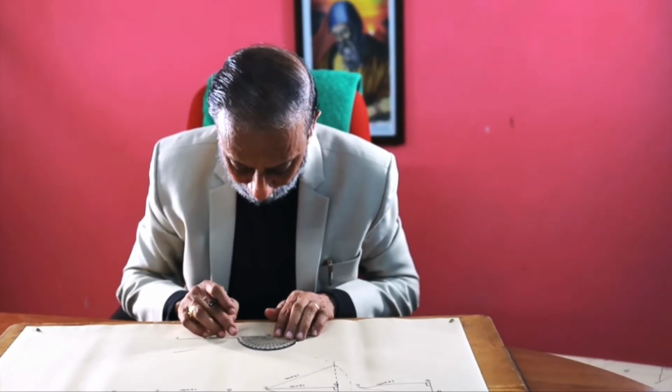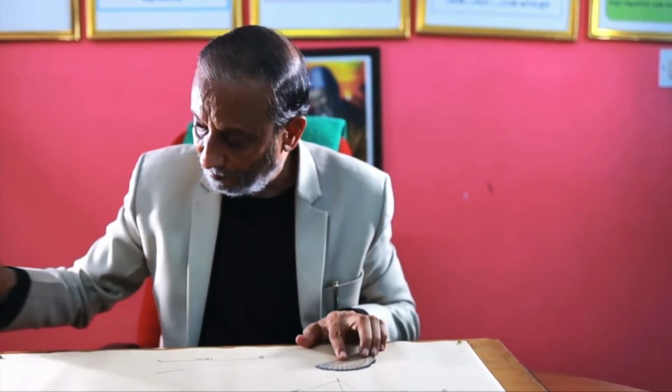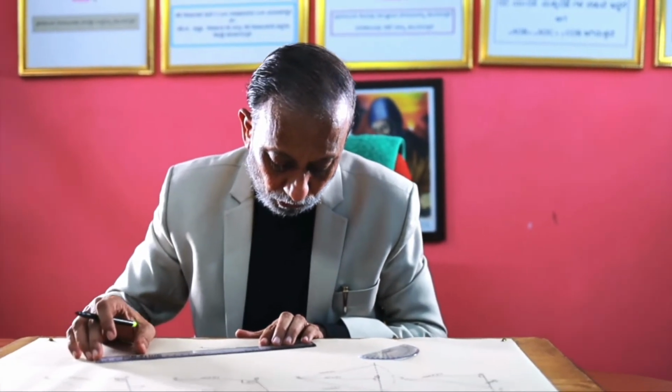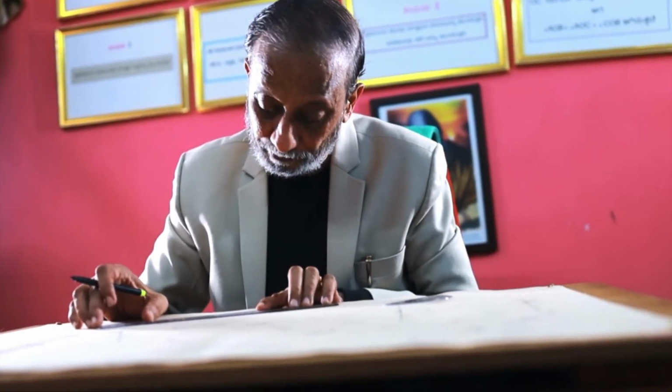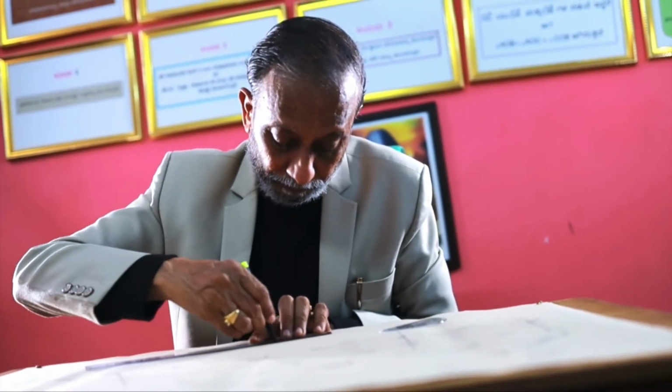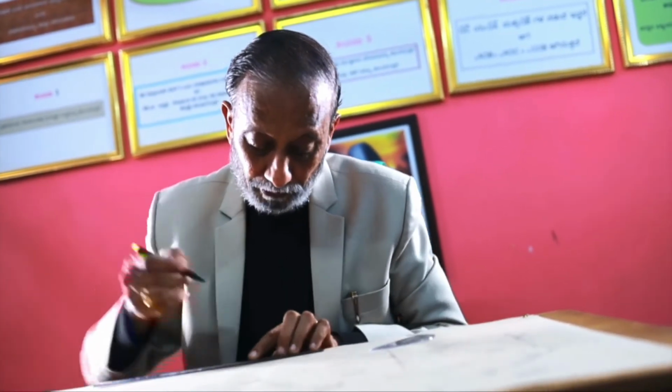Now take the protractor and measure an angle of 20 degrees. This angle is 20 degrees. Now let us take 4.6 centimeters as the radius.